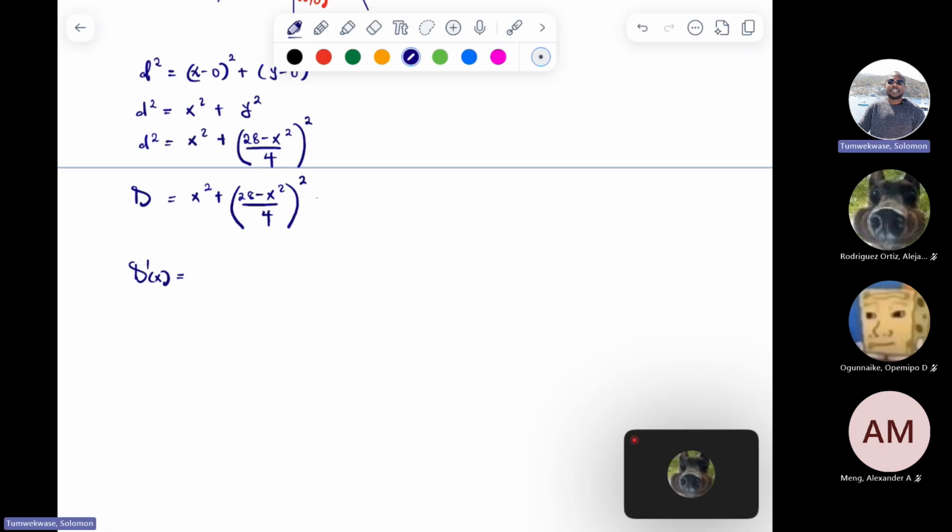And when I take this derivative with respect to x, maybe let's first simplify this further. So this is x squared plus 28 minus x squared squared, then over 4 squared, which is 16. And I can write this as 16 x squared plus 28 minus x squared squared, and then the whole of it over 16. So I'm trying to take the derivative of this, and this derivative is the same as 32x.